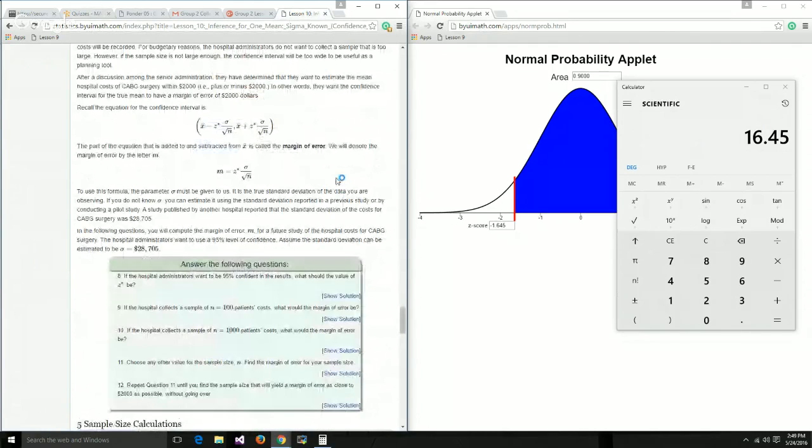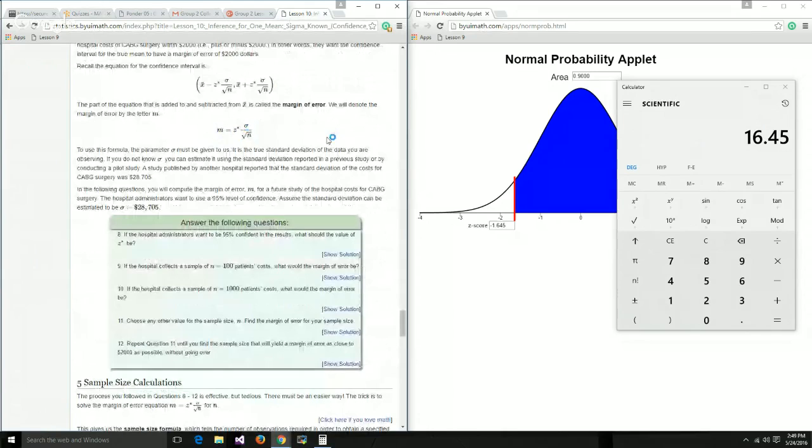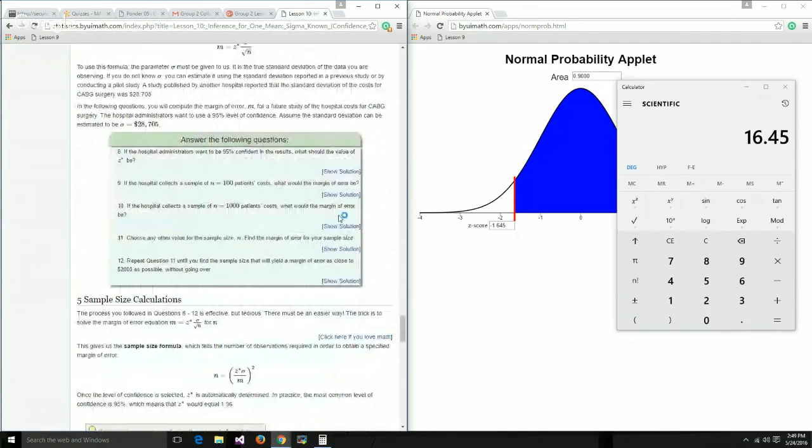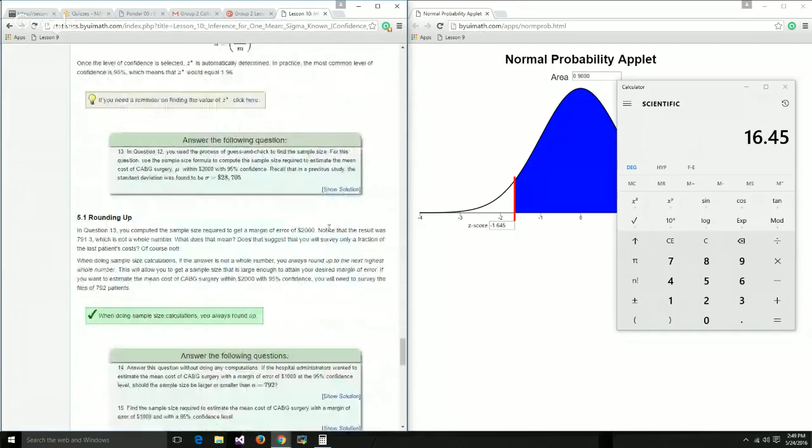Oh, I see where that full equation is. Do you know which one it is? I don't know. I always get confused with point estimator.